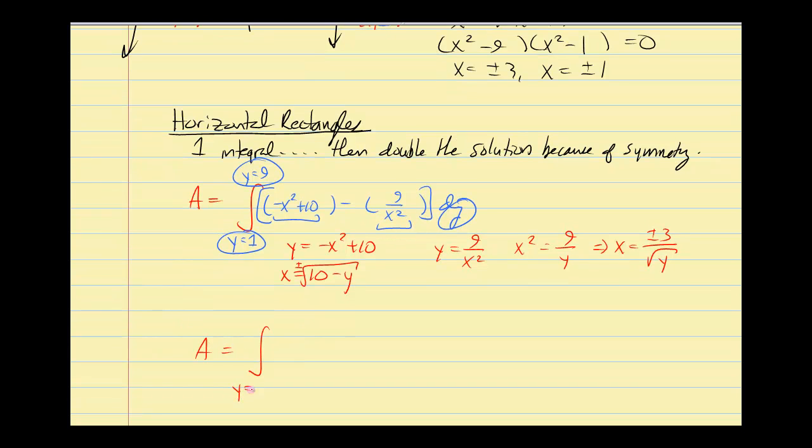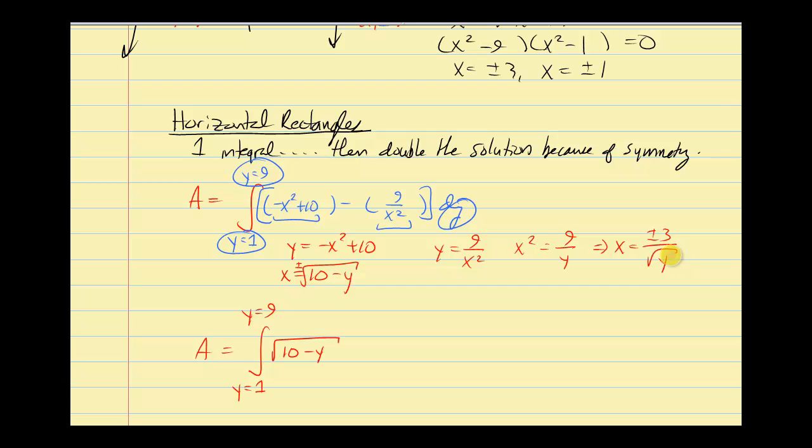So again, this is y equal 1 to y equal 9. Now in the first quadrant, I'm only looking at positive x values, so I'm just going to look at root 10 minus y. I don't have to worry about the negative root here because I'm only looking in the first quadrant. Now over here, this says x equal plus or minus 3 over root y, and we're using the same logic there.